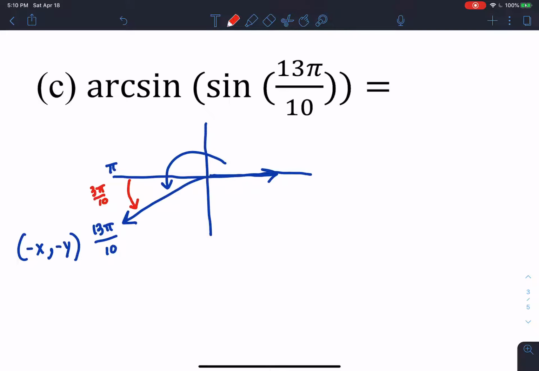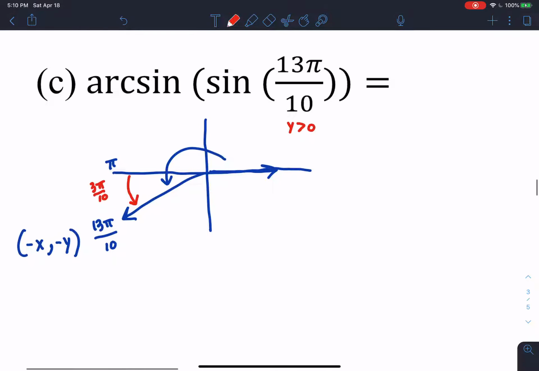I don't want to use quadrant 1 because all the y values are positive there, so that's not going to help me. But the values in quadrant 4 are negative, so that's going to help me. If I start at 0 and draw my reference angle of 3 pi over 10, that's going to give me negative 3 pi over 10.